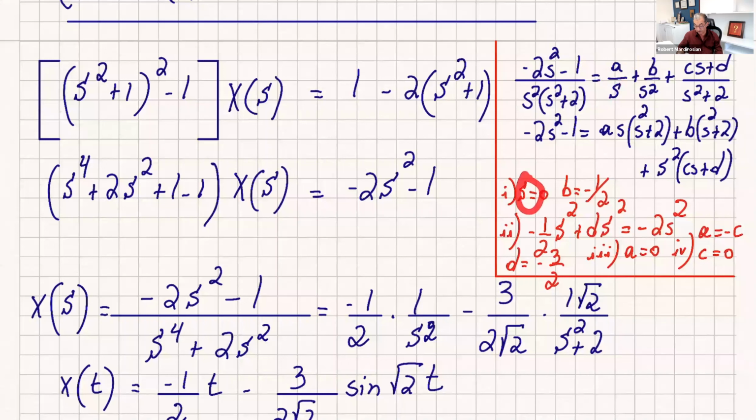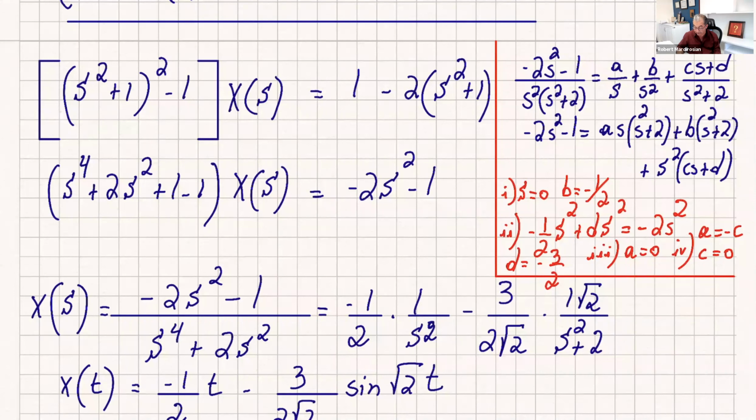If you set s equals to 0, then these two terms cancel, and that's 0, so you get 2b equals to negative 1. So right away you can get b. And just by inspection, you can check the powers of s squared. So the powers of s squared is just b times s squared.